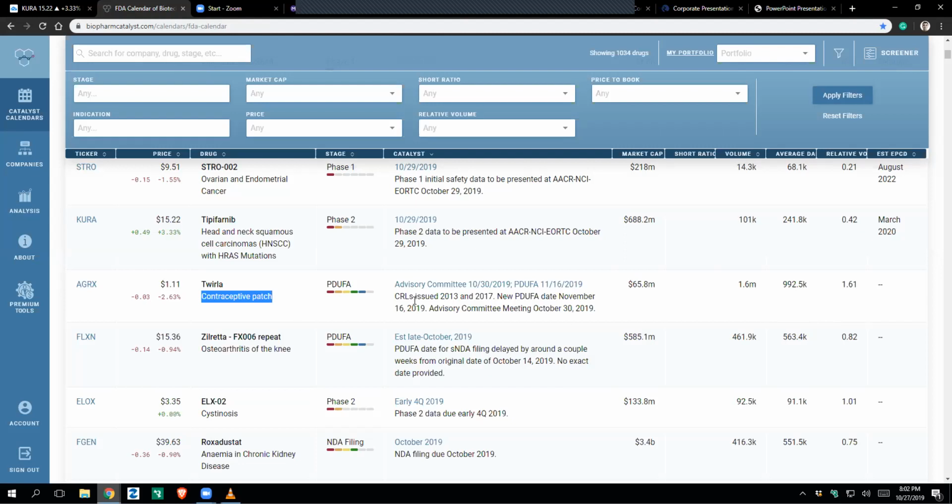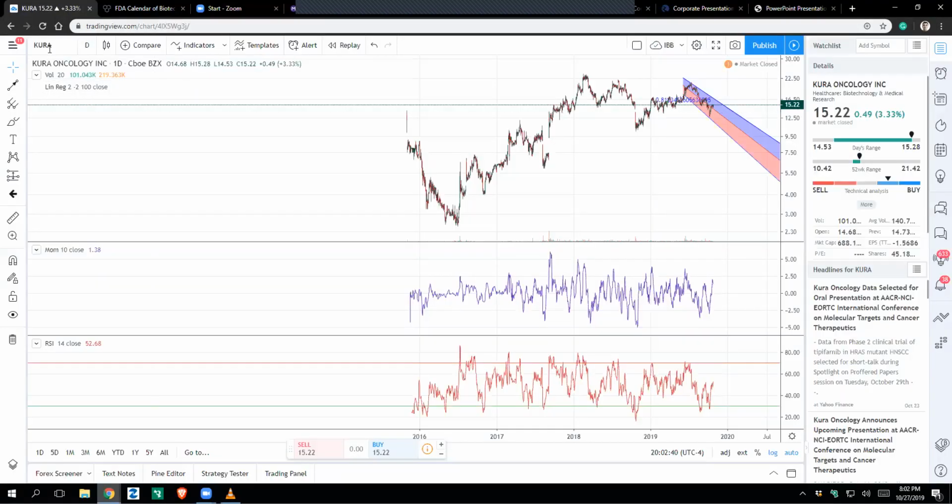So they had a CRL. I mean, FDA doesn't seem to be very interested in approving them. CRL was given twice, 2013 and 2017. New PDUFA, AdCom is going to be October 30th. I think I'm going to stay away from this one. I mean, very high risk.